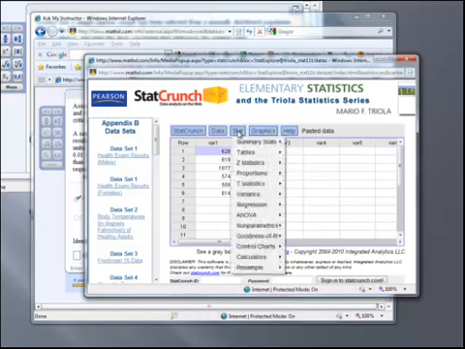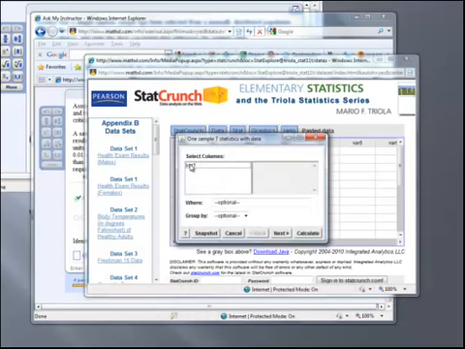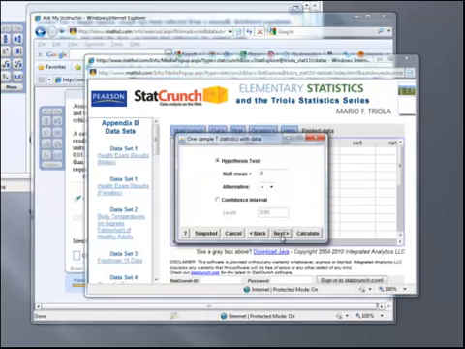Now this data has been put into a list that we can use. If we push Stat, T Statistics, one sample with data, select that column, that's the one we're going to find a T statistic for, hit Next. We want to do a hypothesis test where the mean in the null hypothesis is 1000 and the alternative hypothesis is less than.